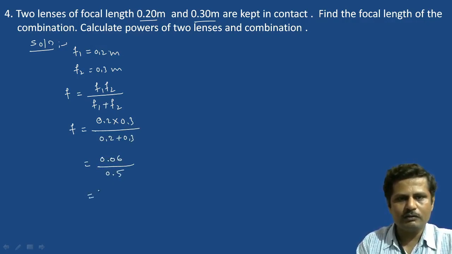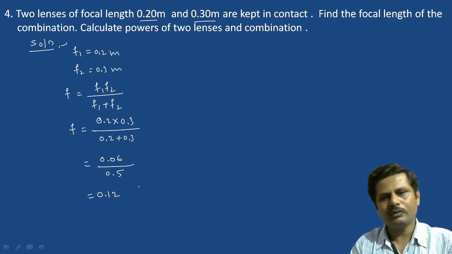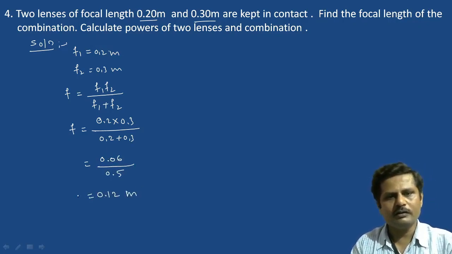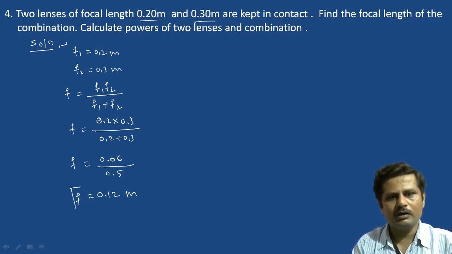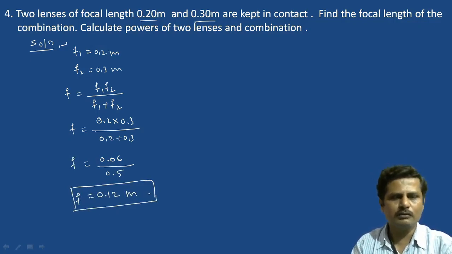So on simplifying, we will get 0.12 meter. That is the focal length of the combination. The focal length of the combination of these two lenses is equal to 0.12 meter.